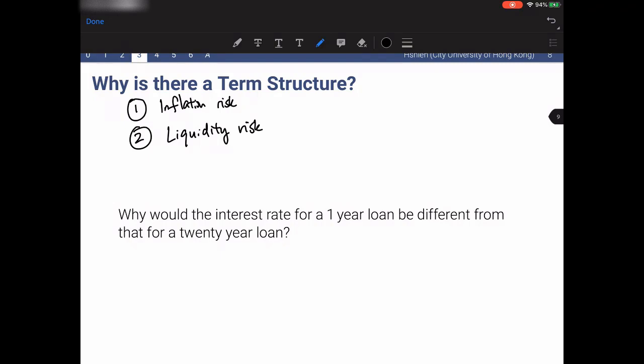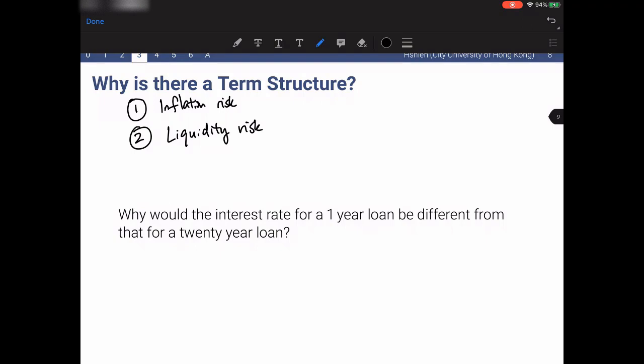In other words, when I say liquidity, it means that suppose you are the bond investor of a 7-year interest rate return, but if you wanted to liquidate that bond anytime before maturity, it's going to be difficult because there's not going to be a lot of investors wanting to buy that 7-year bond, and so you will demand a higher return on that bond.